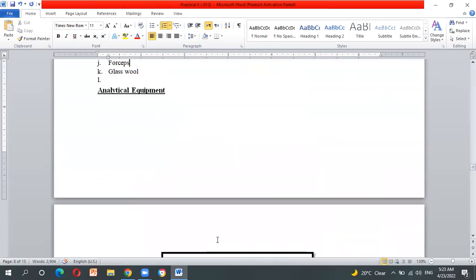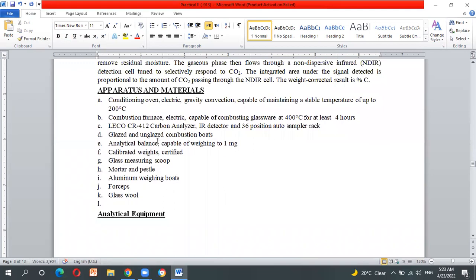Apparatus and materials are: conditioning oven, electric gravity convection capable of maintaining a stable temperature of up to 200 degrees Celsius, combustion furnace, electric, capable of combusting glassware at 400 degrees Celsius for at least 4 hours, LECO carbon analyzer, IR detector and 36 position auto sampler rack, glazed and unglazed combustion boats, analytical balance capable of weighing to 1 milligram, calibrated weight certified, glass measuring scoop, mortar and pestle, aluminium weighing boats, forceps, and glass wool.